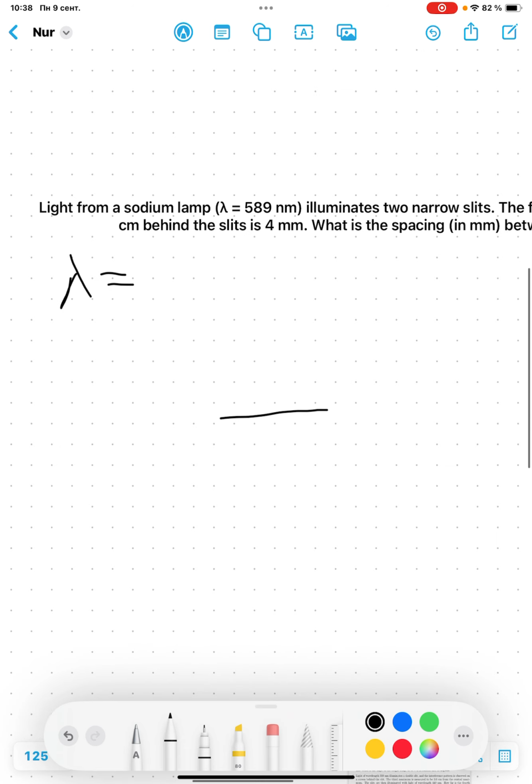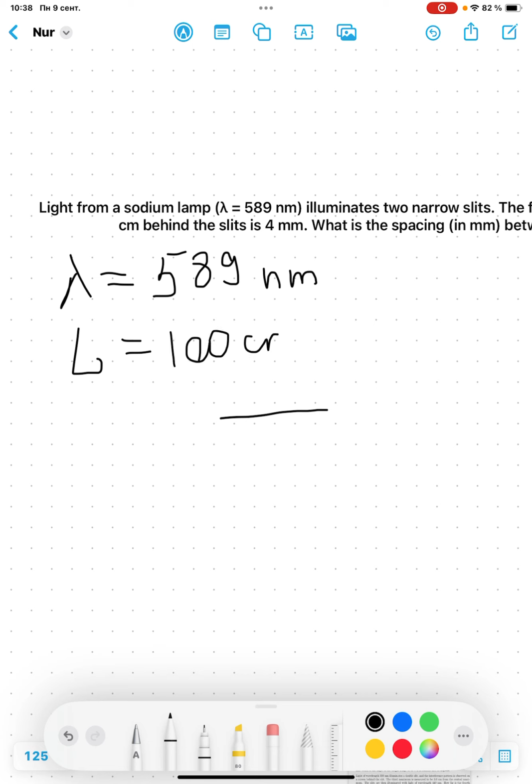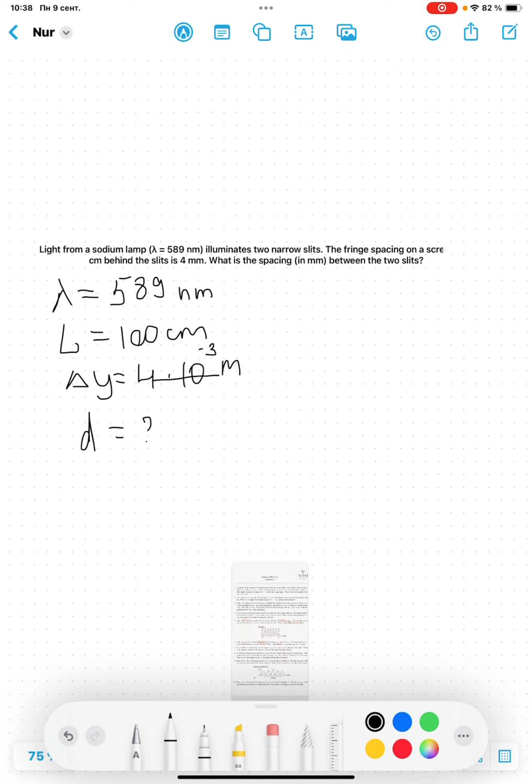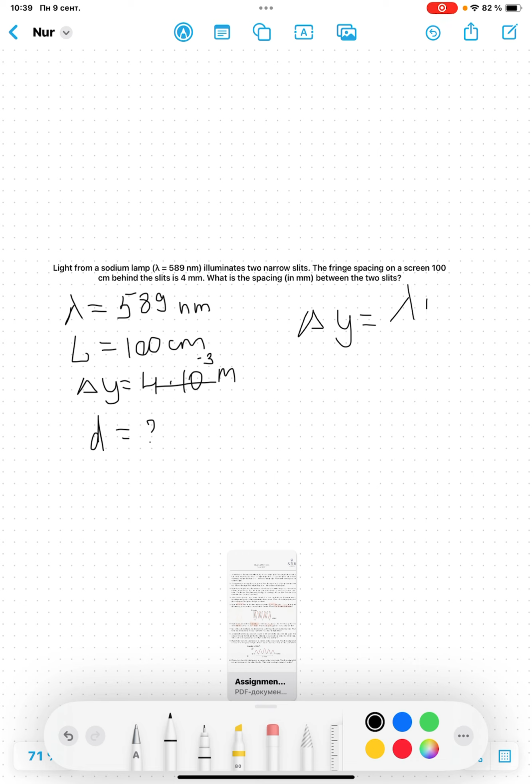The wavelength is already known as 580 nanometers, and we also know L is 100 centimeters, and delta y is 4 times 10 to the power of minus 3 meters, and we must find d. What will be our d? Let's use exactly the same formula from exercise 5. It will be delta y is equal to lambda times L over d, and let's express d because we need the distance, so it will be lambda times L over delta y.